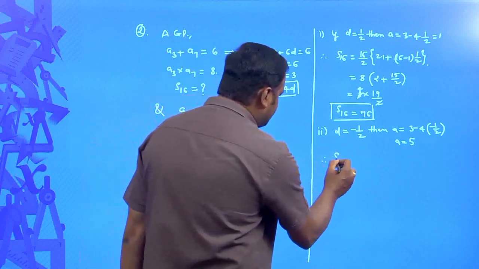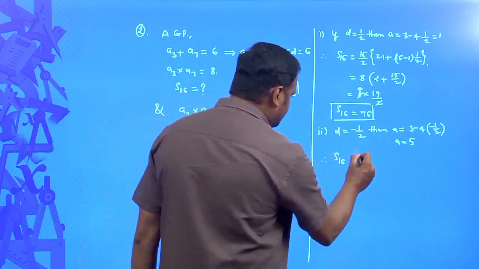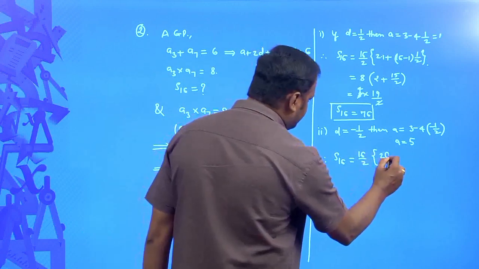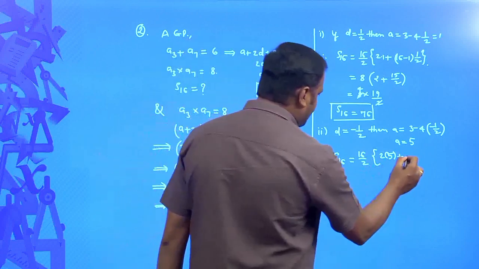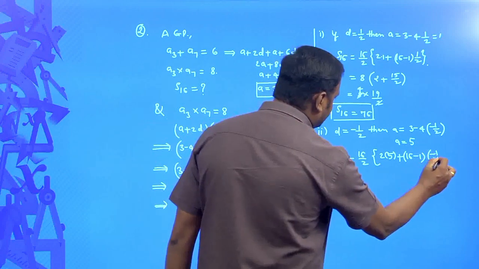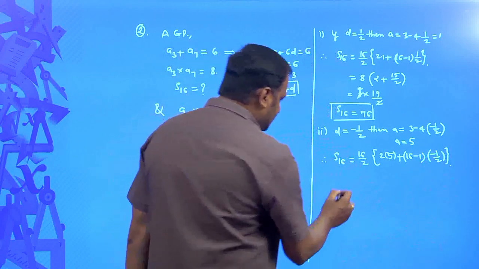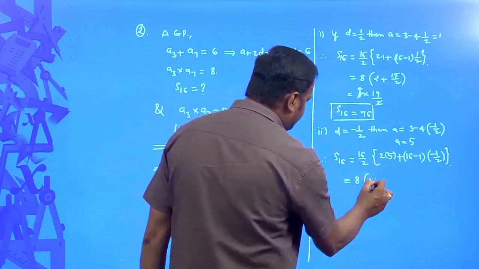Therefore, the sum of first 16 terms is equal to, again n is going to be 16. So, 16 divided by 2 times 2a. So, 2 into 5 plus n minus 1, which is 16 minus 1, into d, which is negative 1 by 2. 16 by 2 is anyway 8 times 2 into 5 is equal to 10.